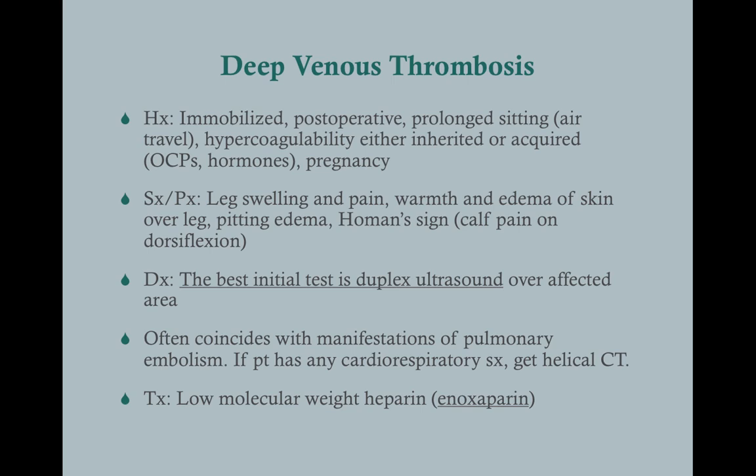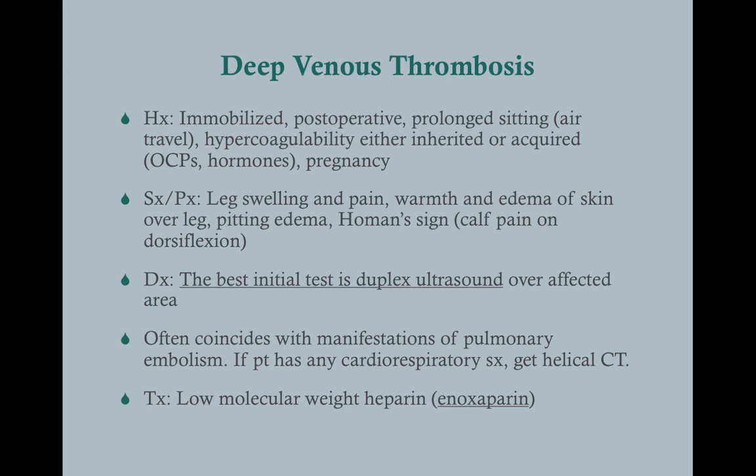For diagnosis of DVT, the best test is the duplex ultrasound, and that's done over the affected area. The problem with duplex ultrasound, though, is like any ultrasound, it's dependent on the person who is performing it. So if the person who's performing it is not experienced, you may have a misdiagnosis.